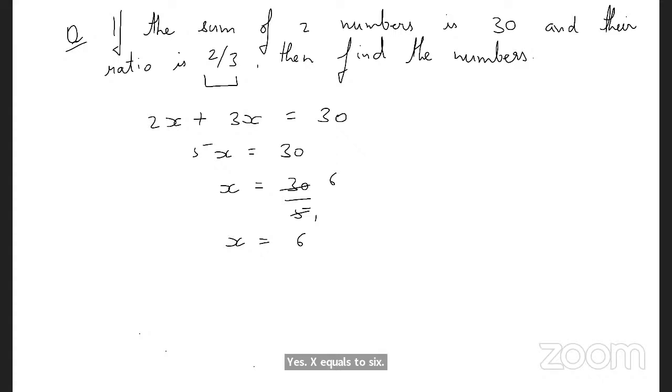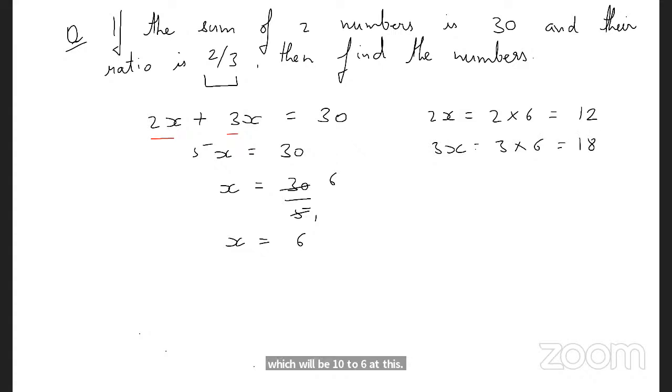Now we have the value of x, so we'll put this value in 2x and 3x. So 2x equals 2 into 6, that is 12, and 3x equals 3 into 6, that is 18. So these are the two numbers whose sum is 30 and the ratio is 2 by 3. If you want, you can do this verification also.